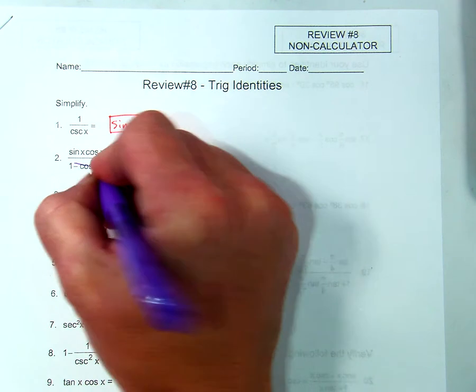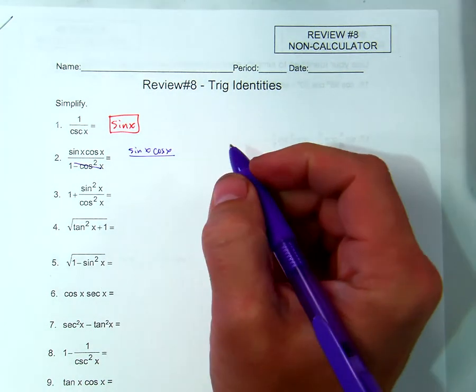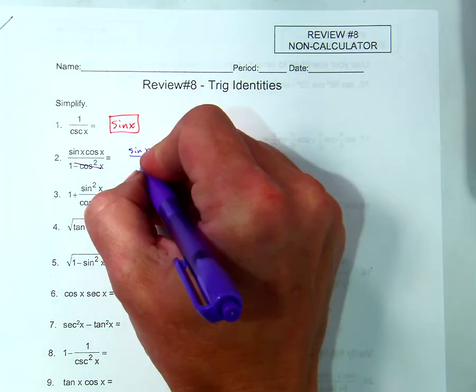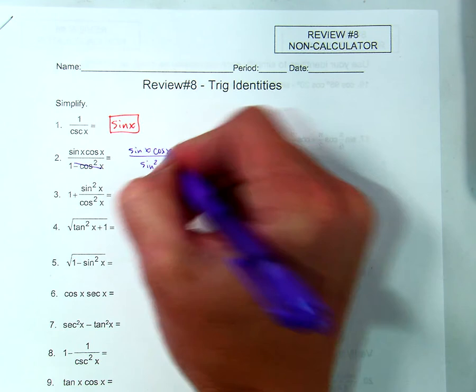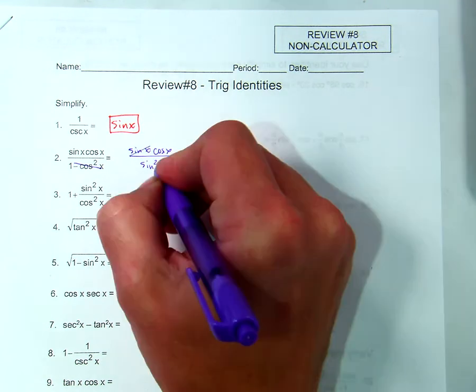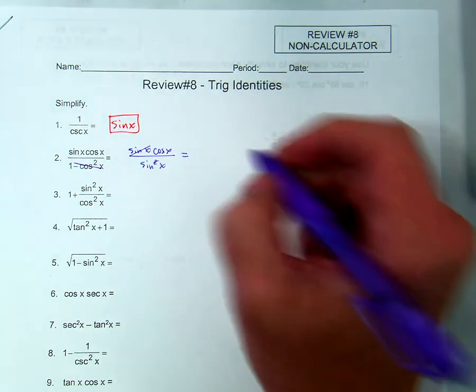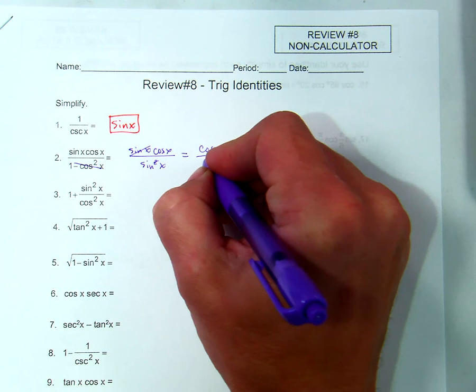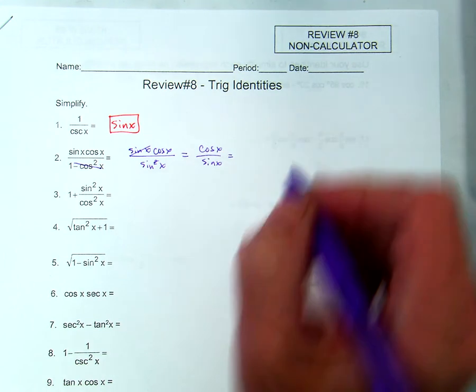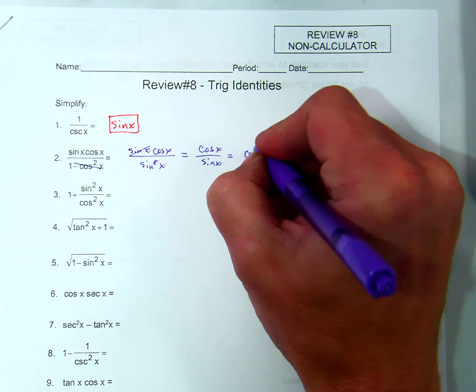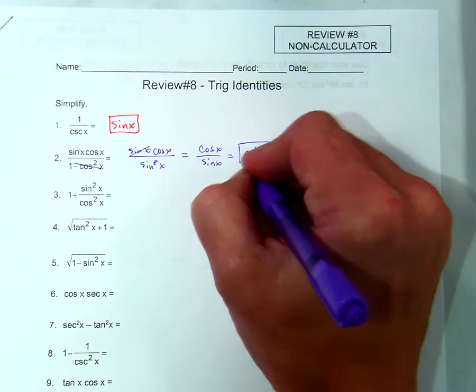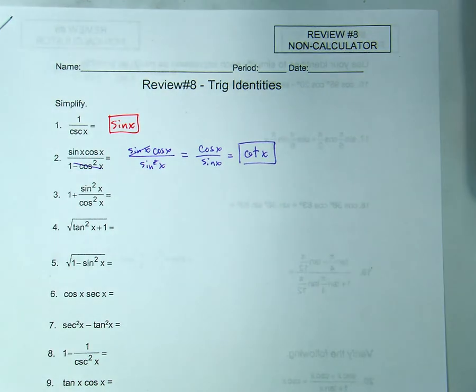We'll divide that by, this at the bottom actually is one of our Pythagorean identities. This is sine squared x. And so one of our sines on the bottom will cancel. That will be cosine x over sine x. And we know that to be also just cotangent x. And so that is the answer to number 2.